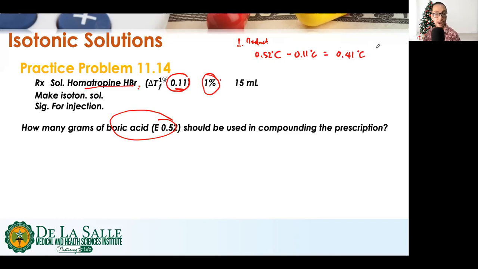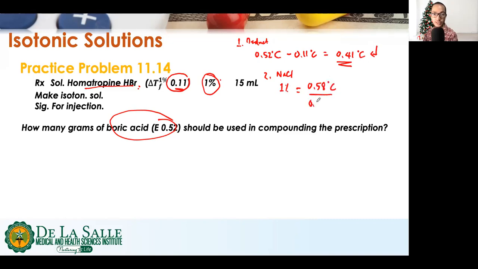So this is the freezing point depression that will be supplied by the boric acid solution. The second step is we will compute for the amount of sodium chloride that will provide a freezing point depression of 0.41 degrees Celsius. Once again, 1% has a freezing point depression of 0.58 degrees Celsius.